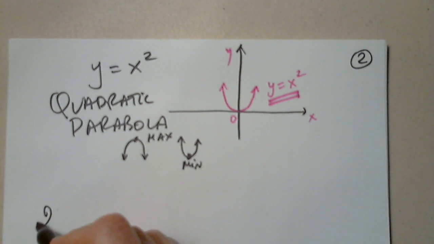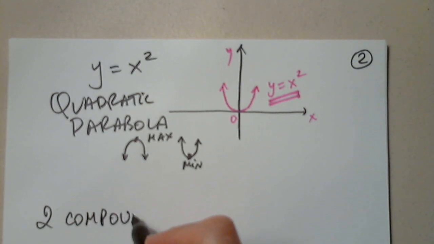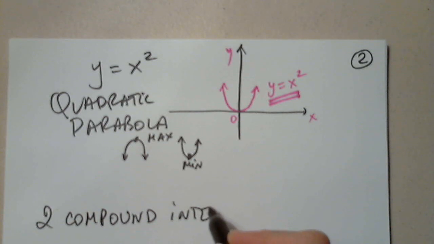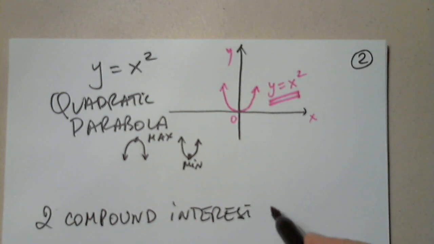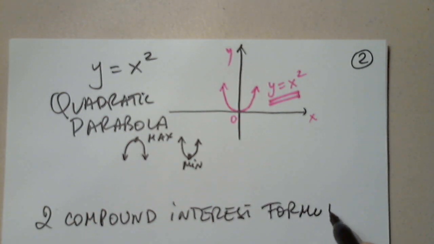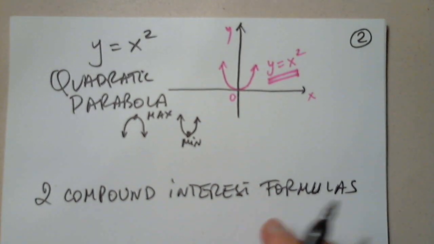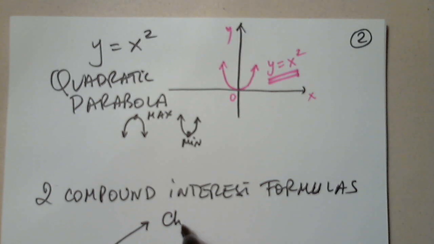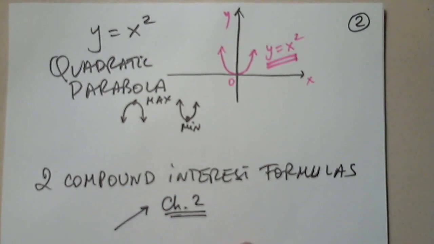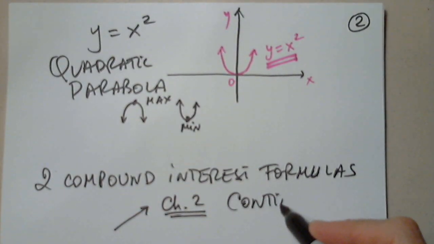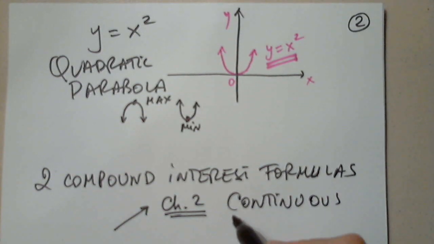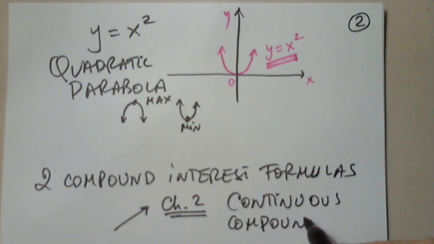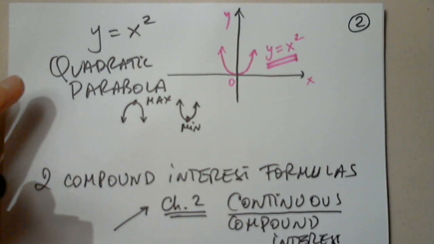There are two compound interest formulas. One of them, we have to wait till chapter 2. It's called continuous compound interest.